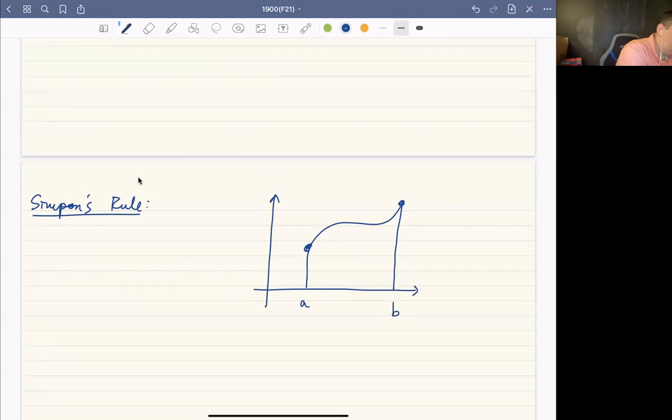We're going to split up the area. And so we're going to split it just like before. And instead of using rectangles and instead of using trapezoids, what we're going to do is we're going to think about one subinterval. So let's look at like one width here.